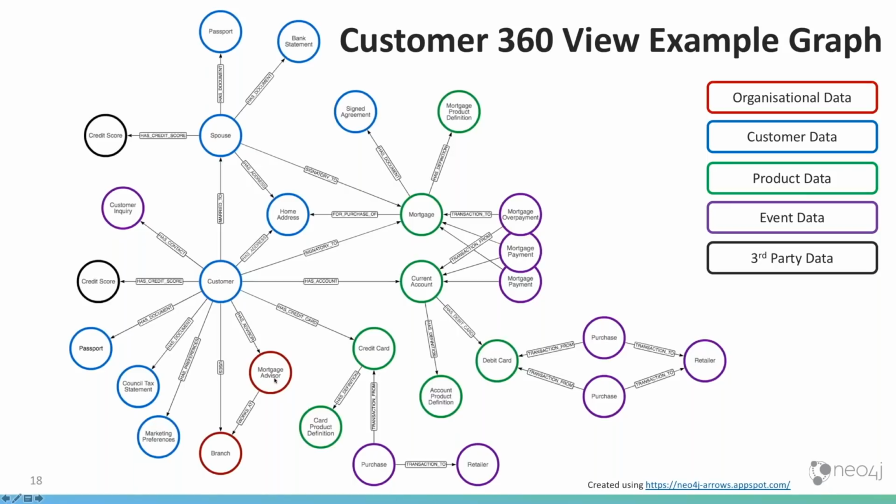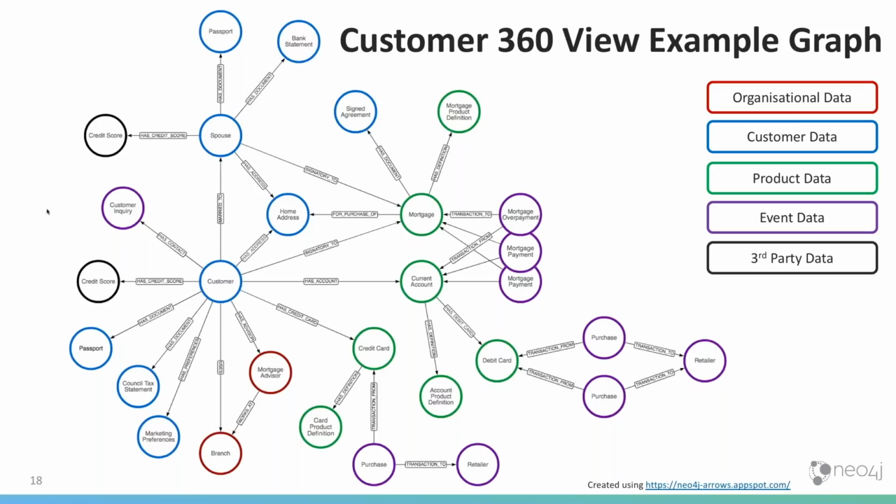And then lastly, in red, we have internal data, organizational data. We can see this customer has a mortgage advisor who works at a particular branch, and that customer uses that branch. And we can see there's been some customer contact as well. They've made some inquiries. So we have a record of all the contact points, all the times they've called into our call center or emailed us or what have you. There's even more information you can add to this.